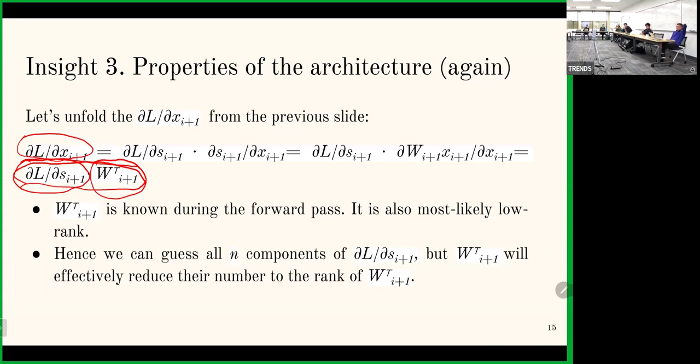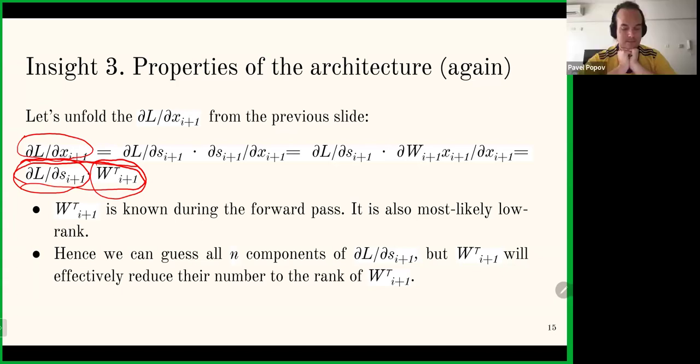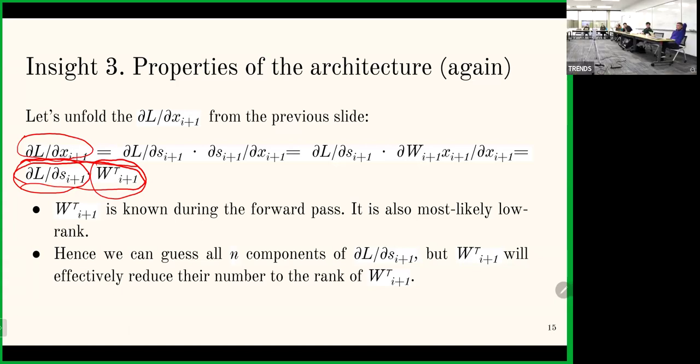So full rank plus full rank equals full rank. Well, I don't know. Let's assume it is low rank, because if it is not, then it's not that big of a deal.